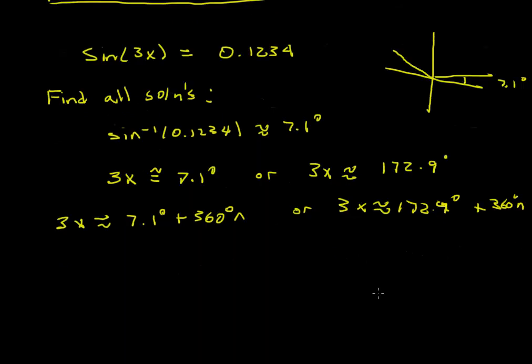You have to be a little careful in the order of operations. We're almost done. The last step would be to divide through by 3. And when we do that, we'll end up with x is approximately, taking 7.1 divided by 3, you get 2.36667, so about 2.4 degrees.